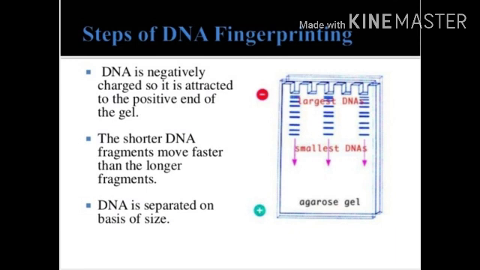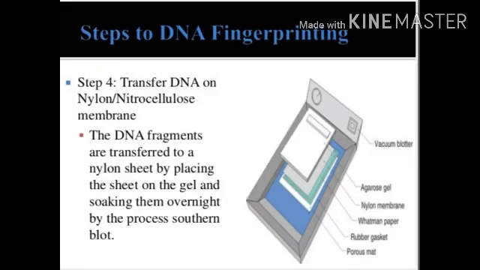On that plate, one end is negative and the other end is positive, so DNA will move toward the positive end. The shorter DNA fragments will move faster than the longer fragments. Like that, on the basis of size, DNA will separate.